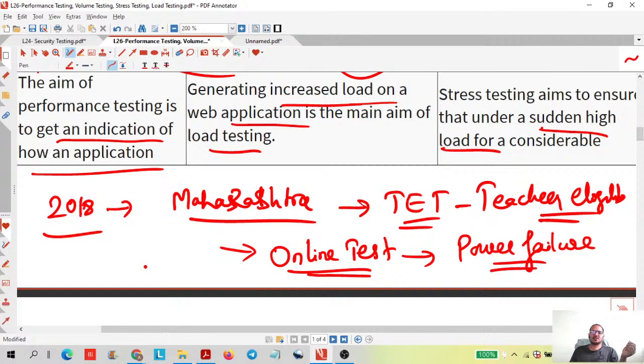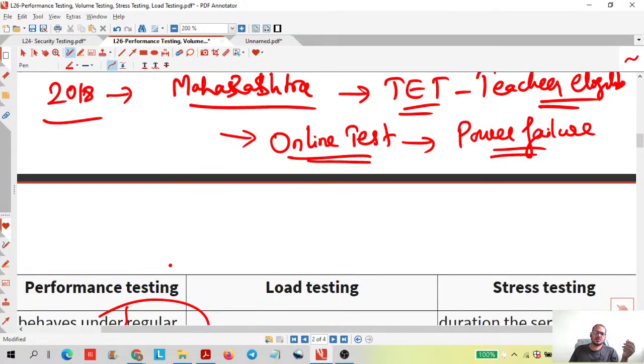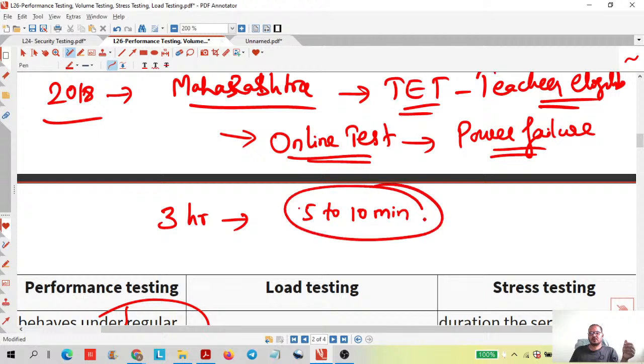It was around a 3 hour test, and in that they faced a power problem 2 to 3 times and restarted the test. While restarting, they lost almost 5 to 10 minutes. The people faced a problem, and they didn't understand such situations.